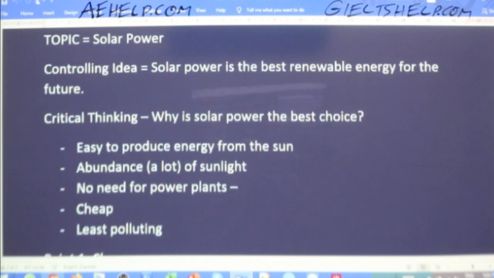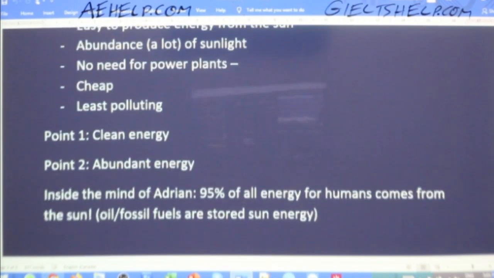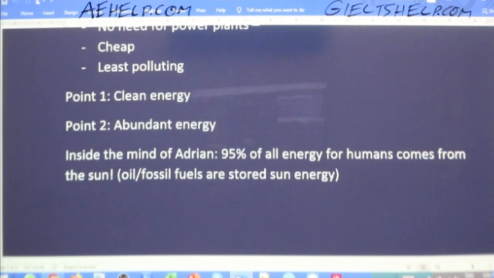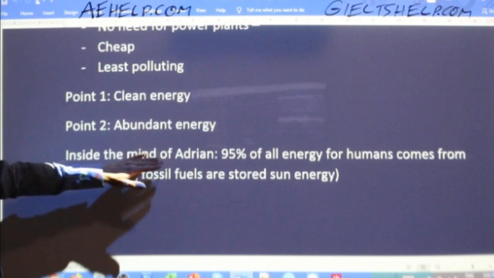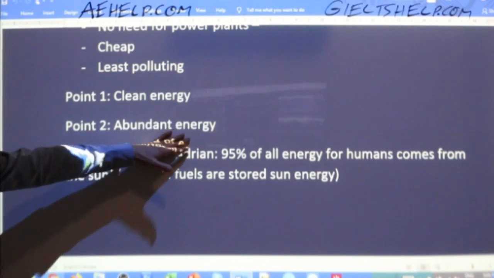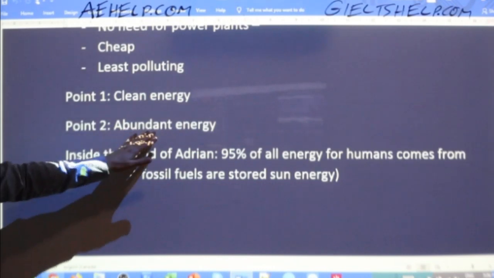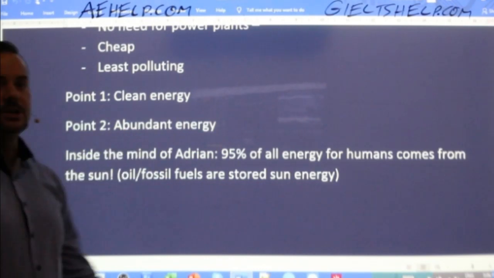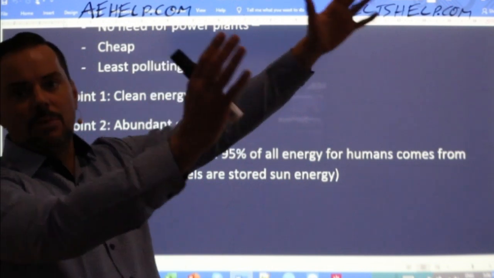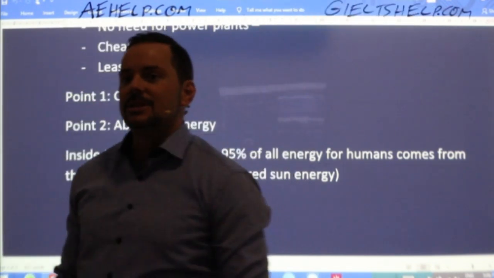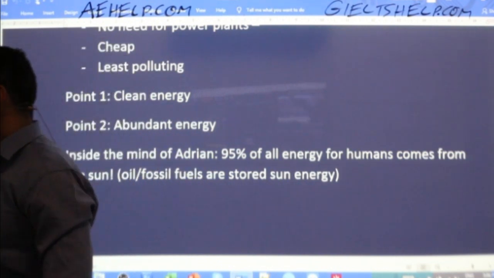And we figured out that 2 good points for using solar power in the future is it's clean energy and it's abundant energy. It means it's readily available, which means that there's a lot of solar energy. Of course, we have that giant ball of burning fire in the sky producing all of that incredible energy.